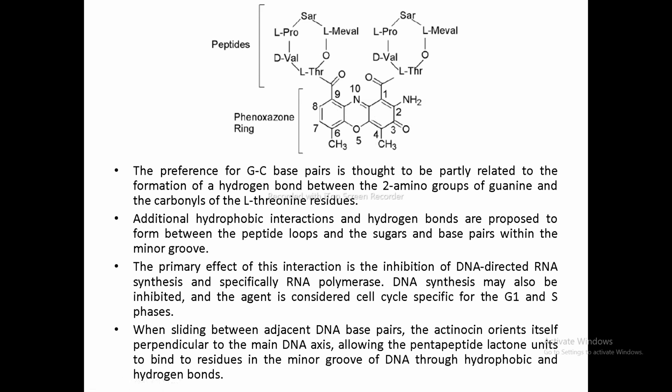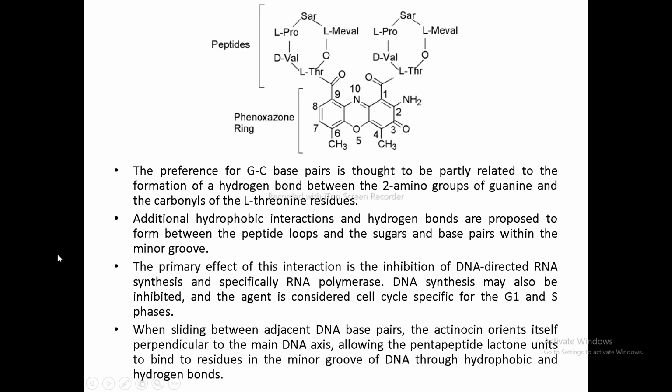So check out the structure properly. Now the mechanism of action of these actinomycins is the same as discussed in the earlier class for the anthracycline antibiotics. What is the mechanism of action of all these drugs?